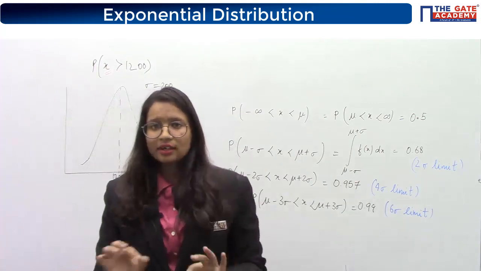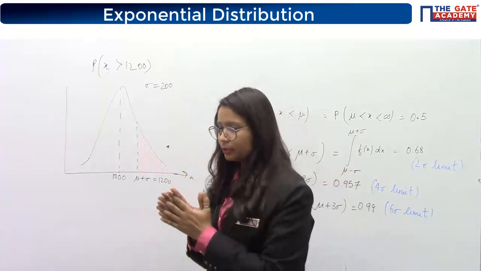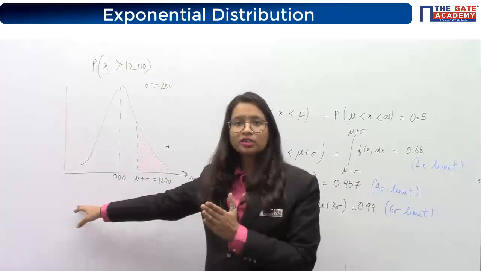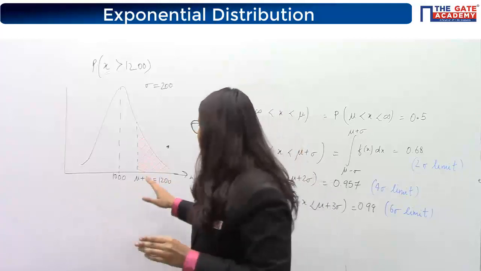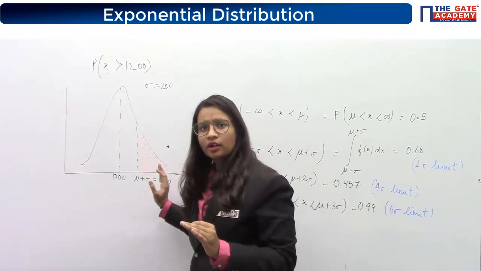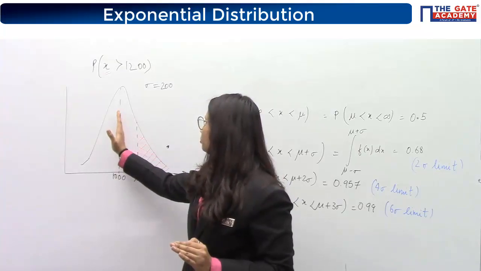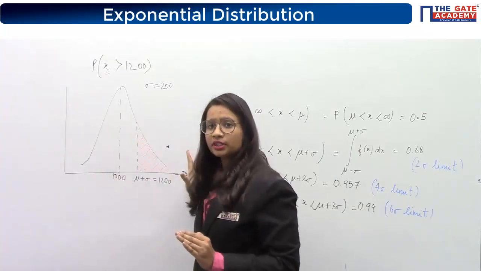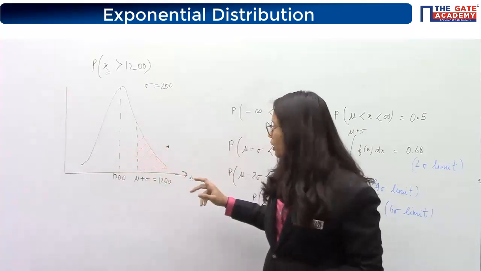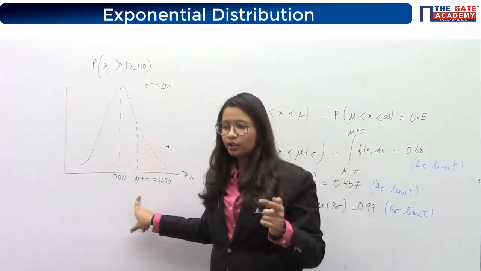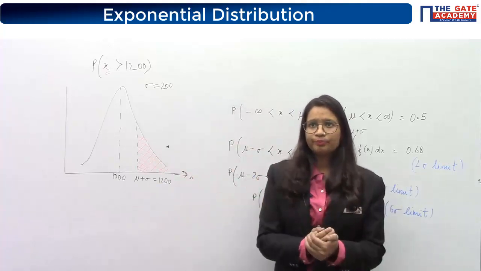First of all, the answer can't be 100%, because 100% would have been the answer if it was minus infinity to infinity. You can easily see that it is not more than 50% also. The 50% is the area from mu to positive infinity, but this is something lesser than that. So definitely your answer will be less than 50%. That is why option A is right.